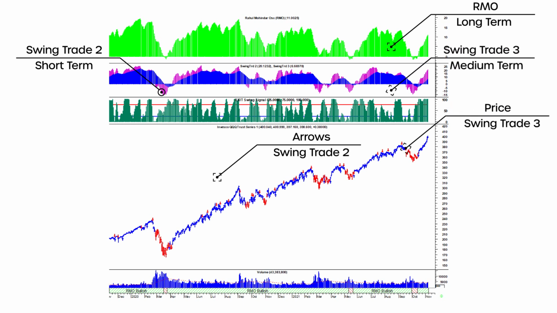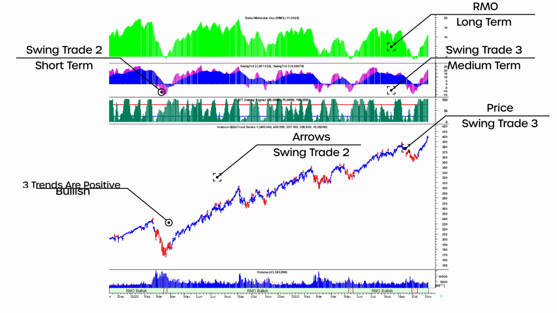Then we look at swing trade 3, the blue histogram, blue prices. When all three, RMO, swing trade 2, and swing trade 3, give you a positive sign and are above 0, it is an indication to go long.